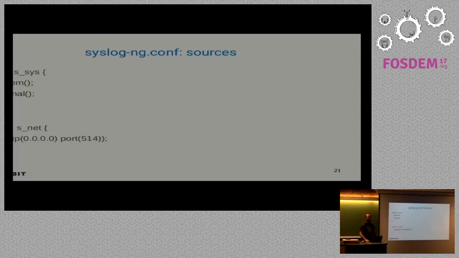This helps to hide away platform-specific differences, so you can use the same configuration on Linux, FreeBSD, Solaris, and it will find the log sources. The other one is a network source, in this case UDP.